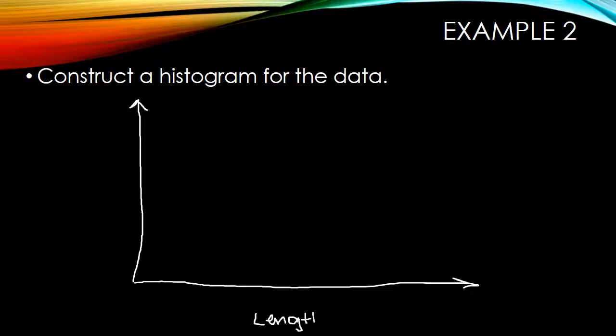And the y-axis is going to represent the frequency. Now, if we look at the interval frequency table, we'll see that I'm not using a number line to represent these intervals. I need to make bins on the number line to represent each interval as a specific point.